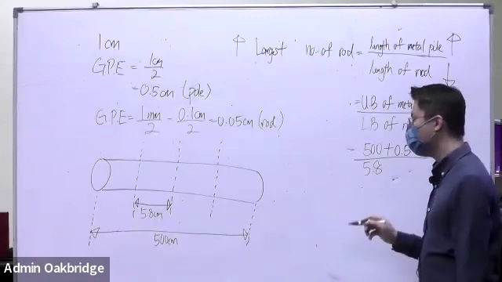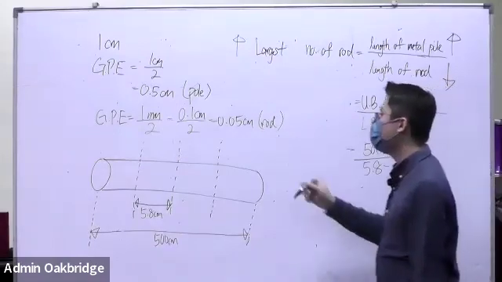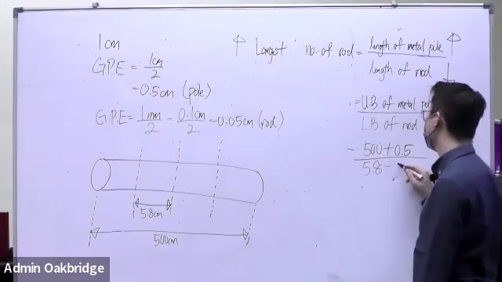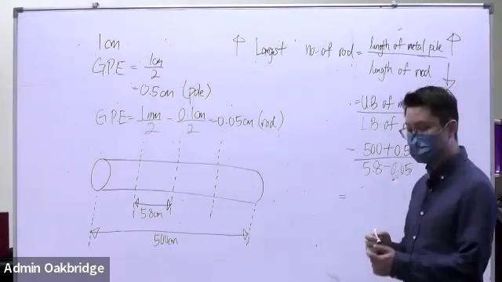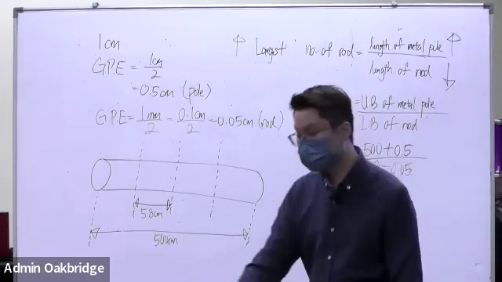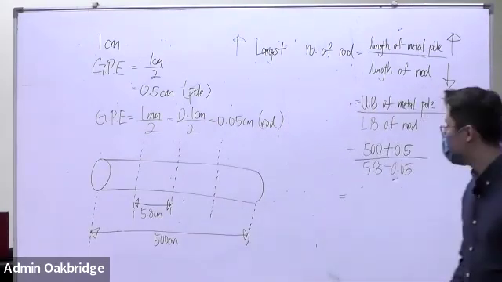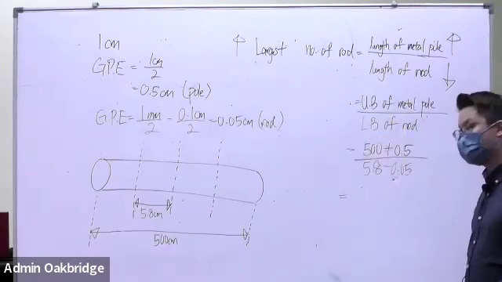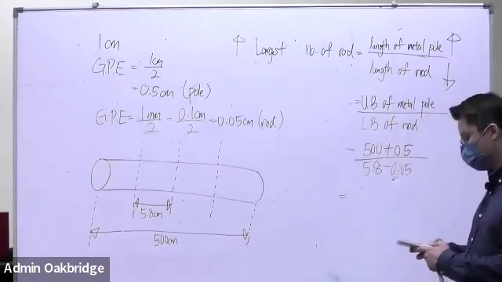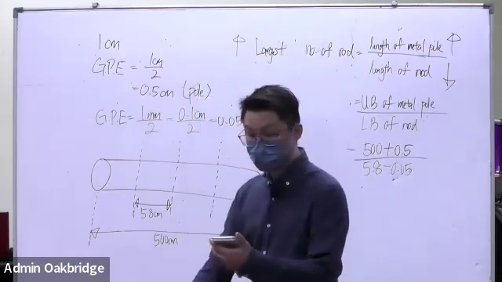Since we get a lower bound, you should minus the GPE of the root. Then only you can get the final answer. I know most of you go to take the upper bound of metal pole and divided by upper bound of the root, which is wrong. Okay, 87.04.